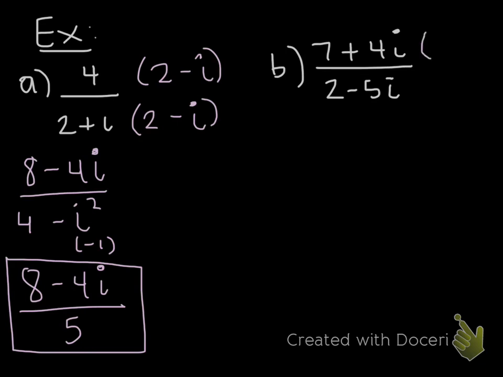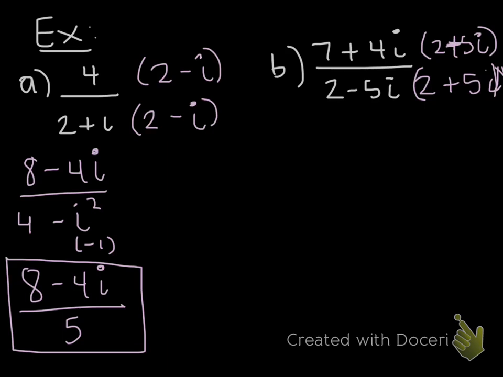Letter B, we're going to multiply by the conjugate again of the denominator. So we change it to be plus 5i. All right, so we're going to FOIL top, FOIL bottom. So for the top, I'm not sure why that's not writing. You get the idea.